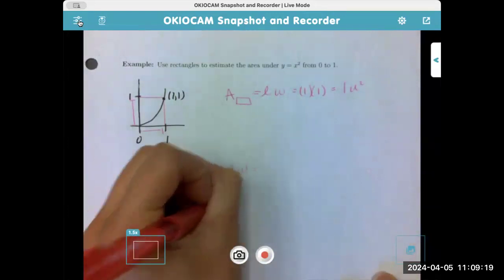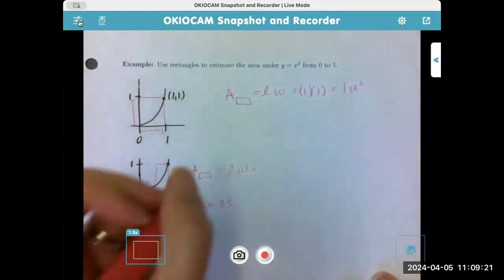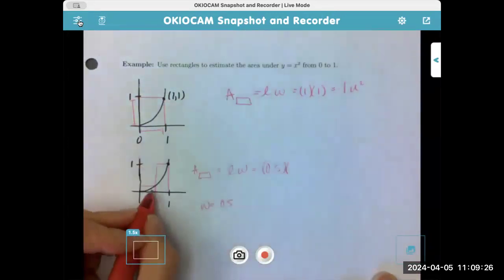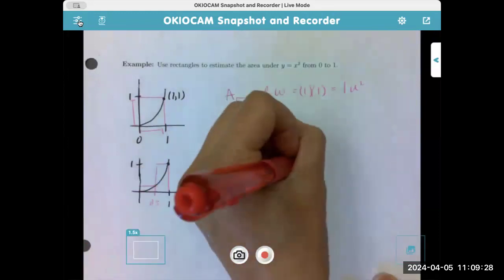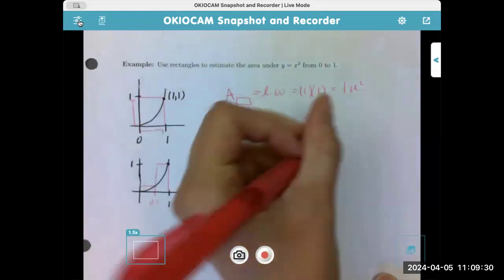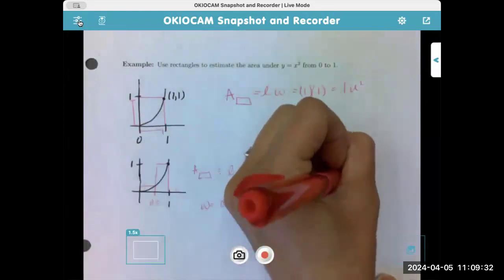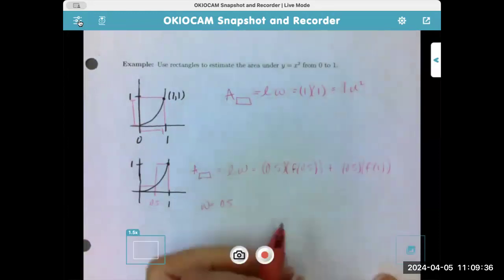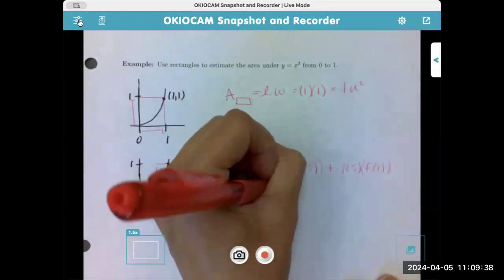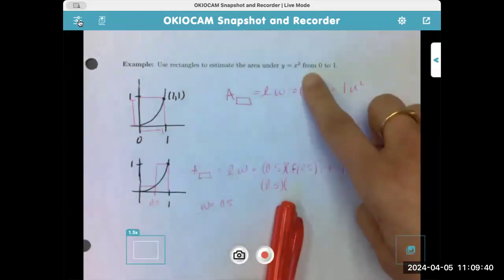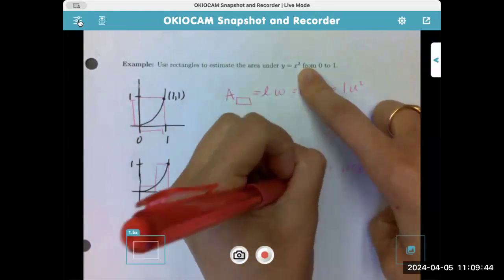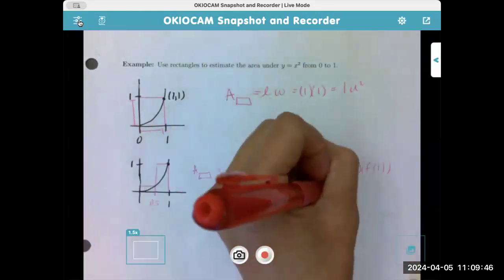is 0.5, right? We want equal distance. So it's 0.5. And then the lengths are going to be f of 0.5 plus our width, 0.5 times f of 1. So we know the width is a half. So 0.5 or 1/2 squared is 0.25 or 1/4.